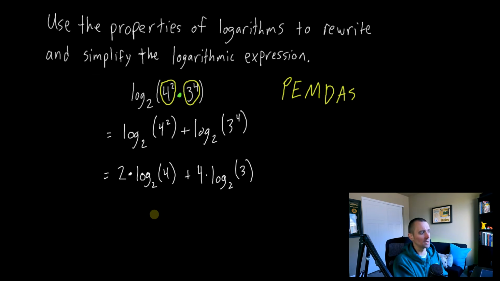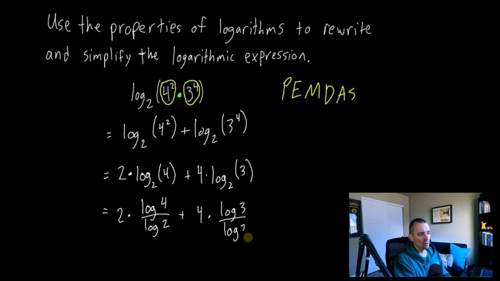With the change of base formula, we would be able to rewrite this as 2 times log of 4 over log of 2. And this would be like a log base 10, which you can actually plug into your calculator. And then we'd have 4 times log of 3 over log of 2. So again, that's a topic for another video, but now we would have an expression which you could just plug into your calculator and get an actual number for.